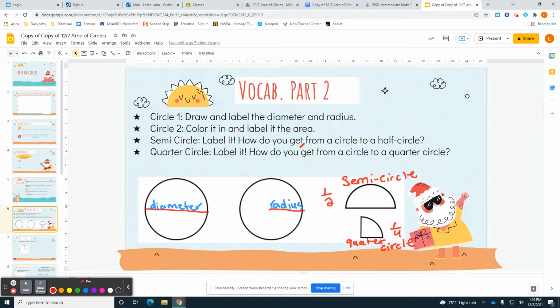And that answers how do we get from a circle to a semicircle, and how do we get from a circle to a quarter circle? Okay? So we know a semicircle is half, so you would find the area and then multiply by half or divide by 2. And for the quarter circle, same thing, you would find the area and then either multiply by 1/4 or divide by 4. It's the same.